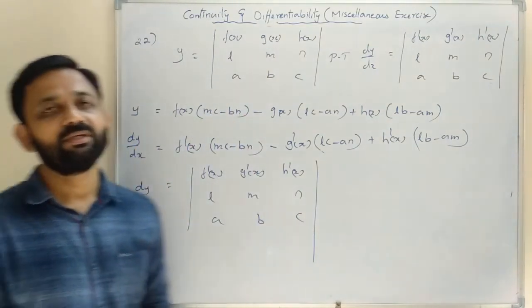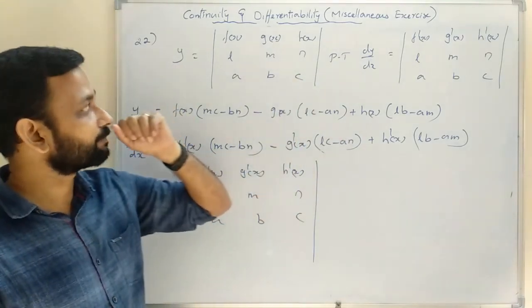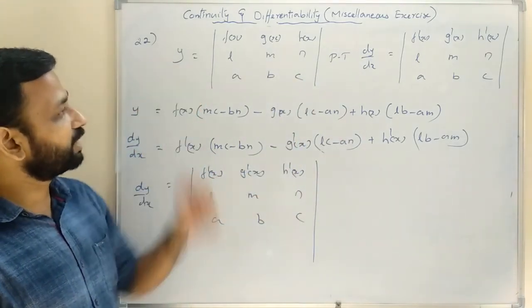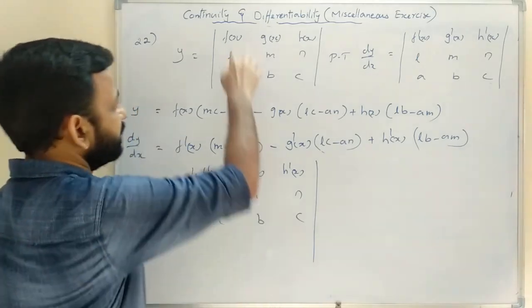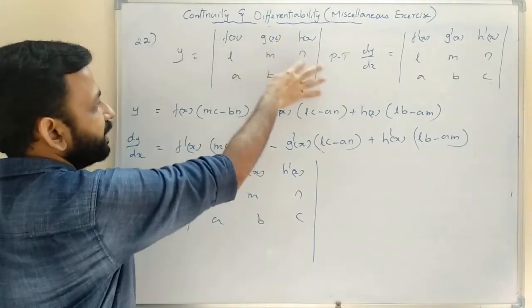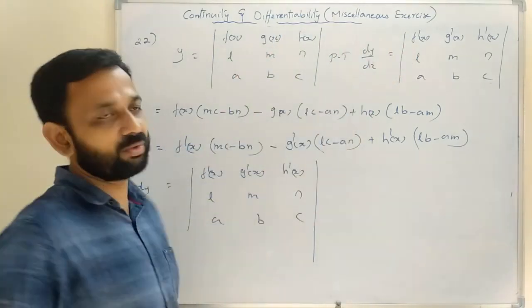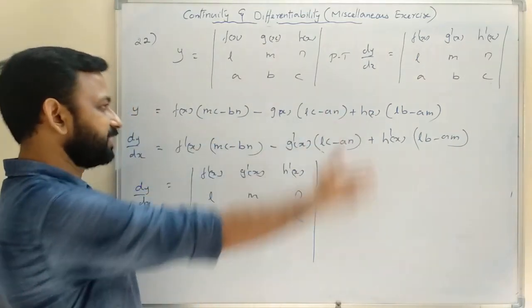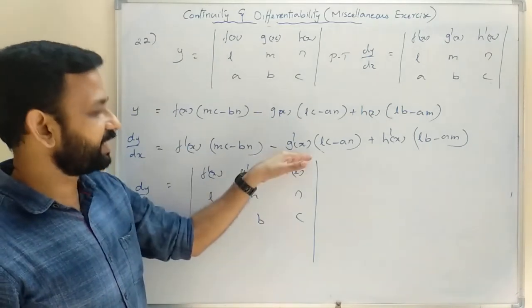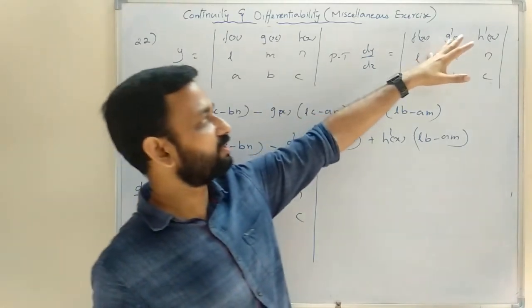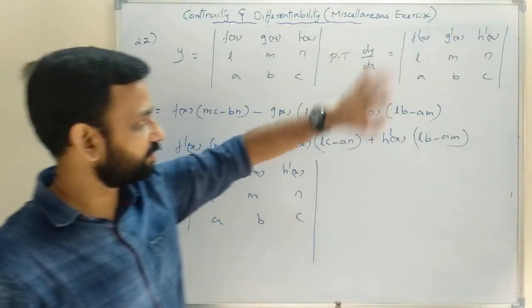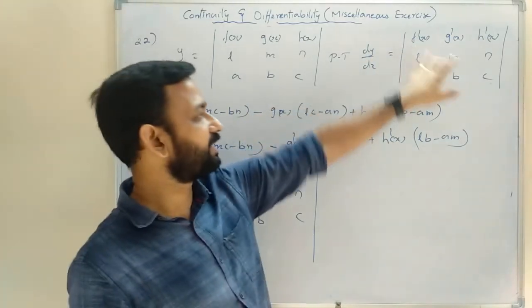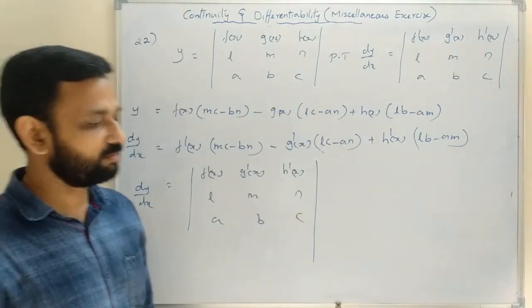We cannot differentiate the determinant directly, like saying y is this one, therefore dy by dx is directly f dash x, g dash x, h dash x and so on. That is not possible. So we have to convert it into differentiable form, then differentiate. When you find the value of that determinant, you get the same, so both are equal.